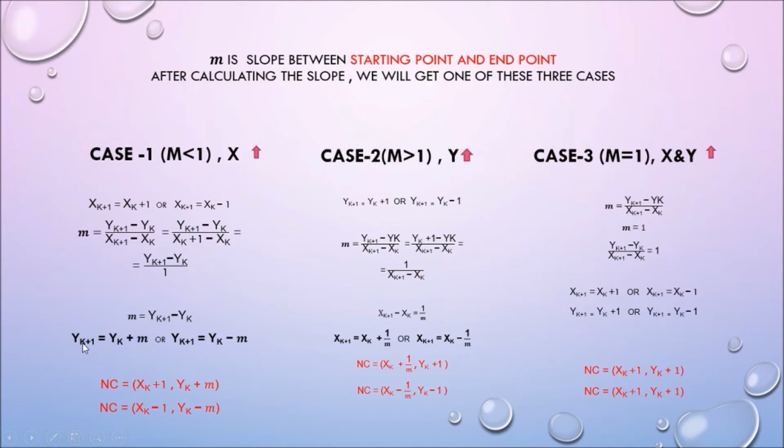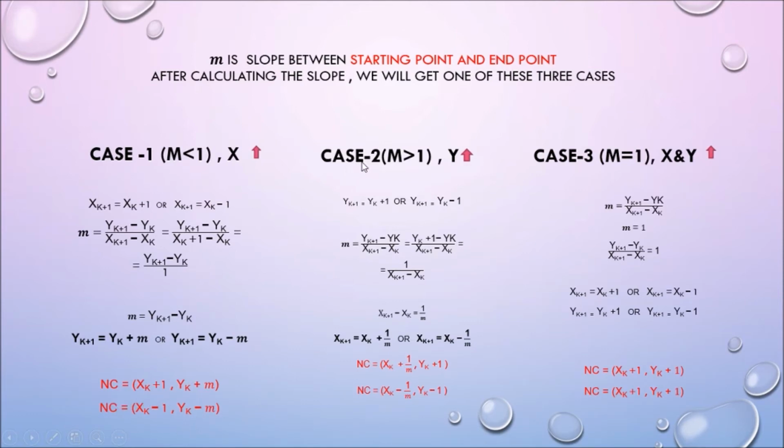So the next coordinate of y will be yk plus m. It means that the next coordinate of y will increase by m. As a result, if slope is less than 1, our next coordinate will be xk plus 1, yk plus m, or xk minus 1, yk minus m. I will explain this in the next slide, so don't confuse yourself.